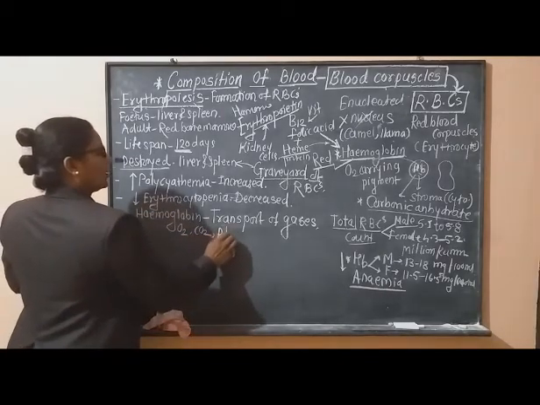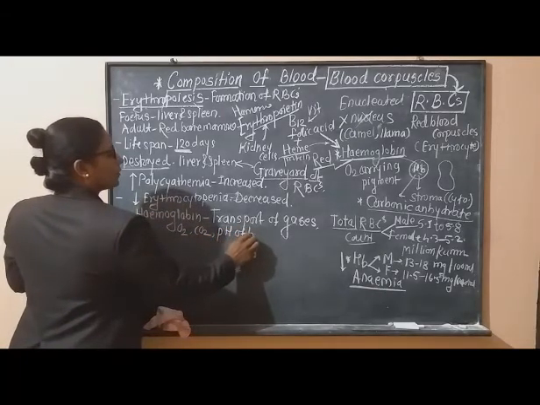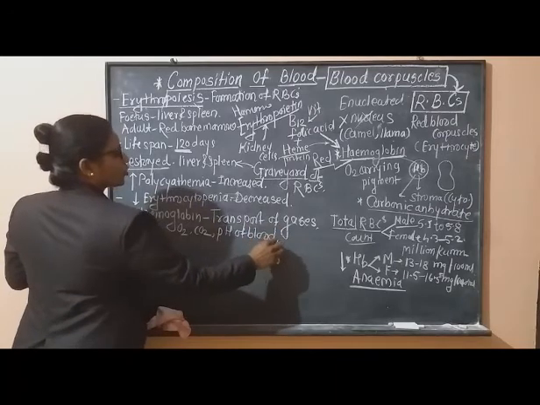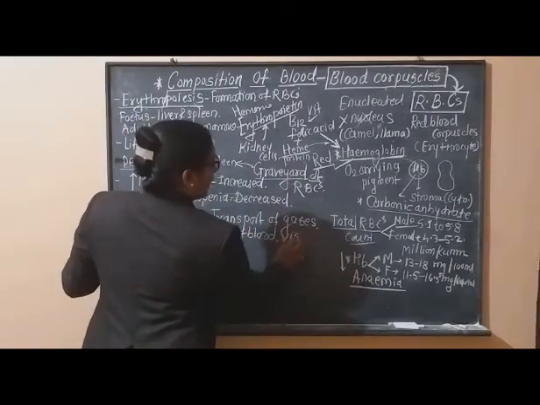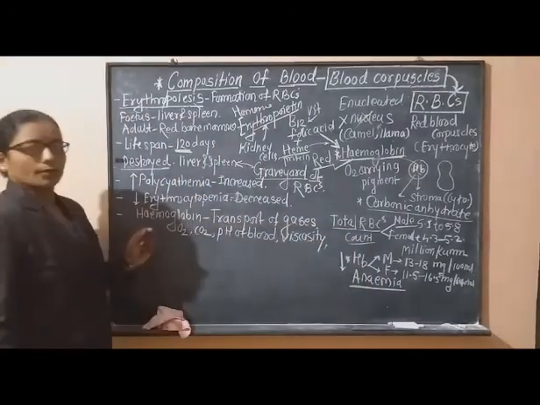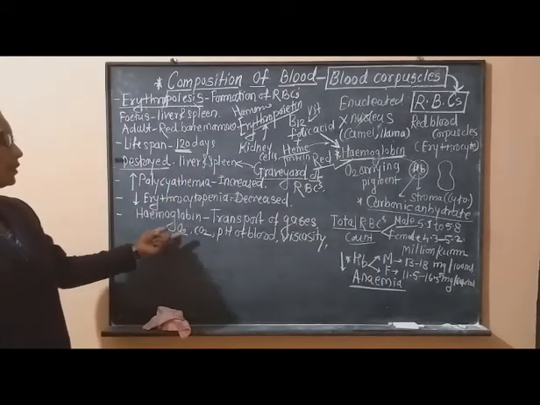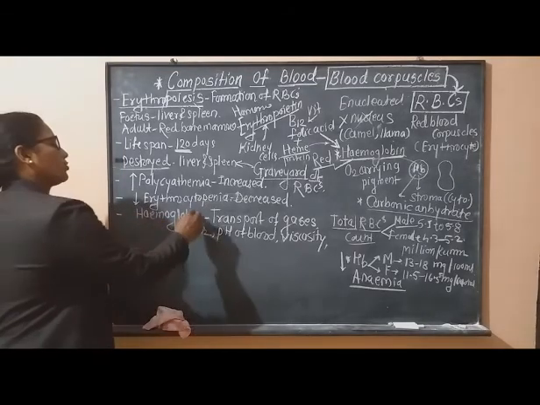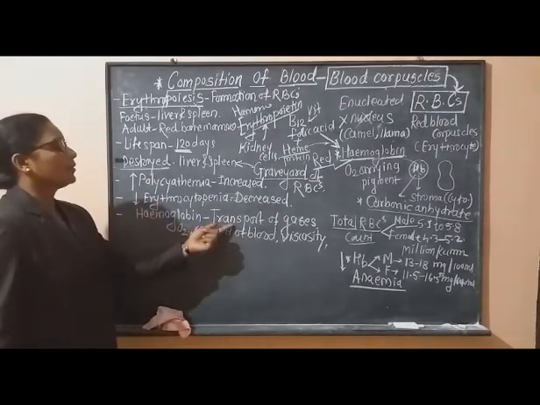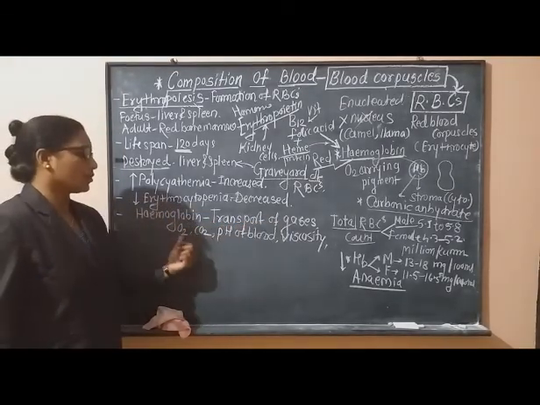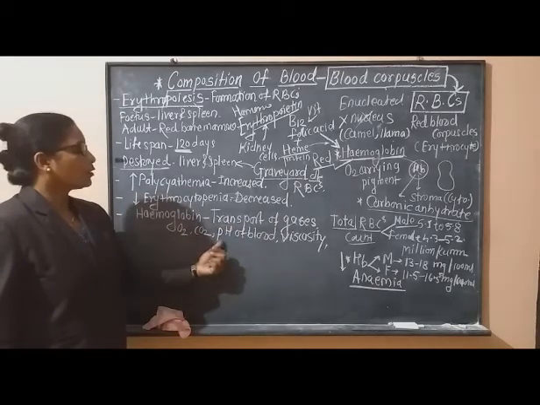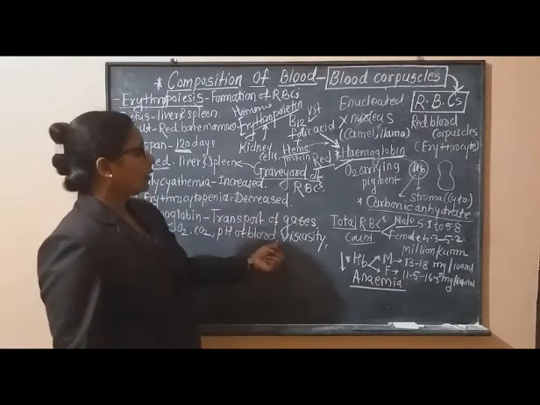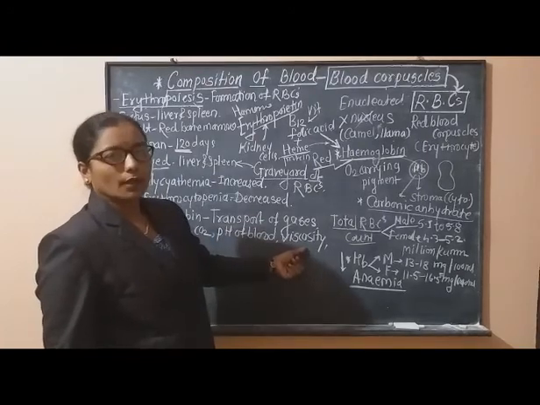Also, it maintains the pH of blood and the viscosity of blood. That is, the function of RBCs: hemoglobin is an oxygen carrying pigment responsible for the transport of gases like oxygen and CO2. It also maintains the pH of blood and viscosity of the blood.